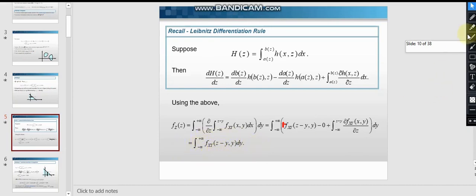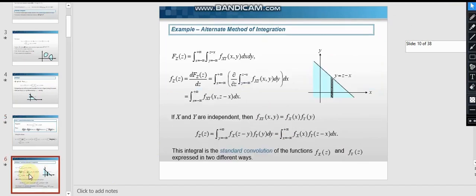This PDF, this joint PDF f sub xy, would be the product of f sub x and f sub y, the marginal PDF of x and the marginal PDF of y.